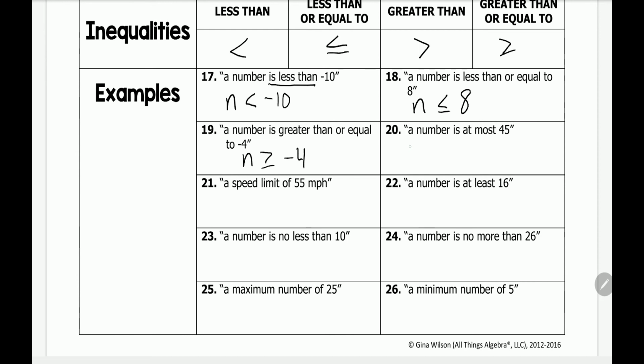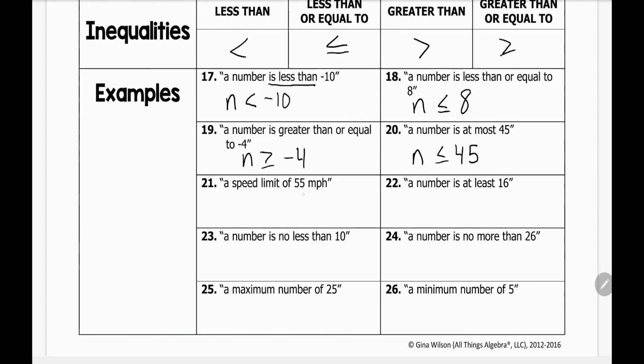20. A number is at most 45. So that means we have a number is at most, so the biggest that it can be is 45. So that means it would have to be less than or equal to 45. Okay?